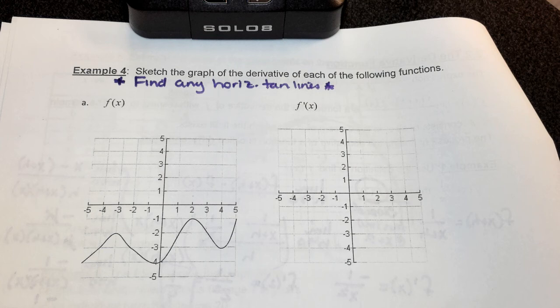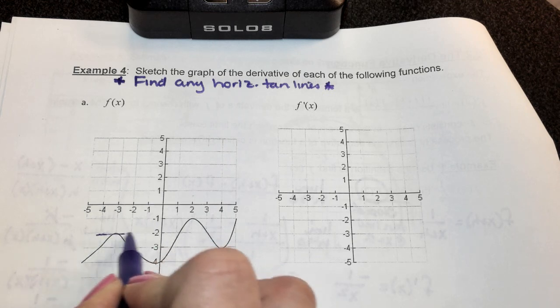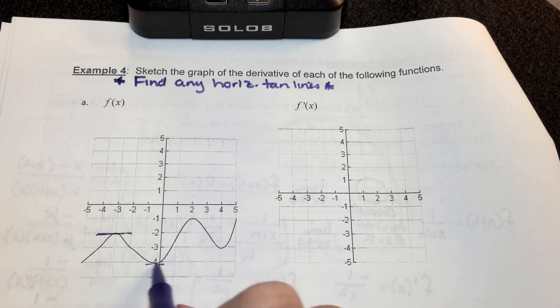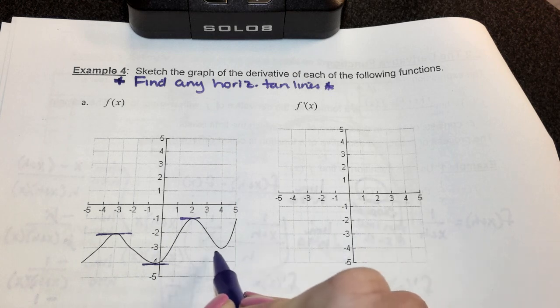Find horizontal tangent lines. So let's take a look at A. Do you see any places where you'd have horizontal tangent lines? X equals, let's work left to right: negative 3, about negative 1/2 right here, about 2, and about 4.